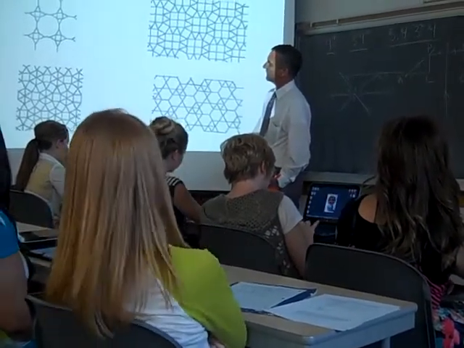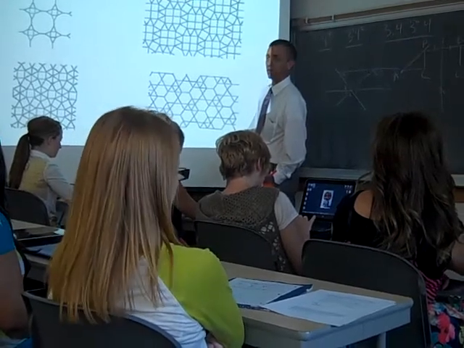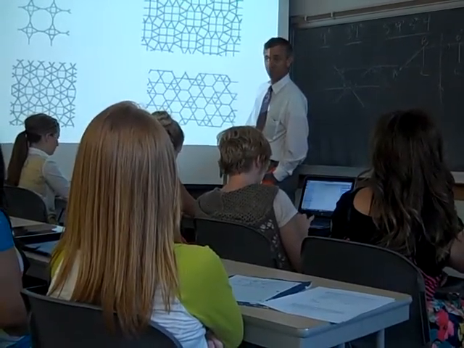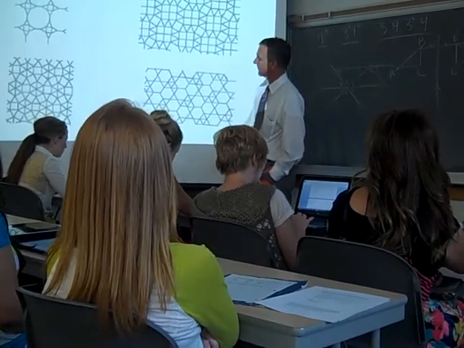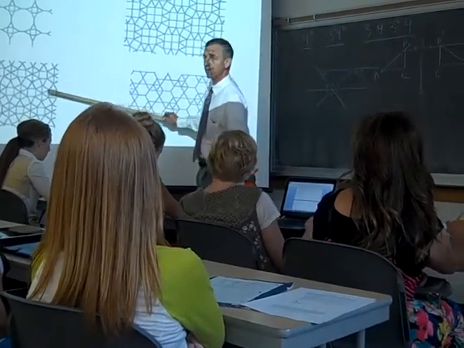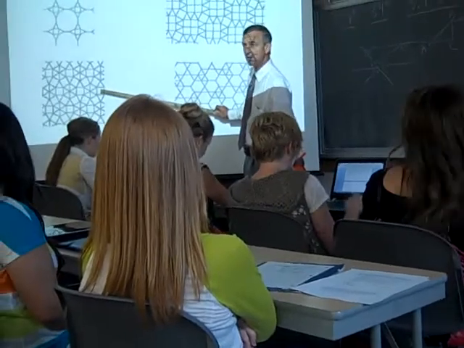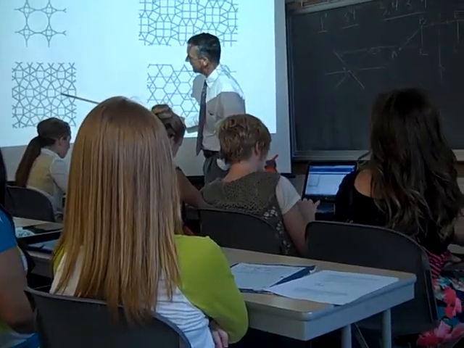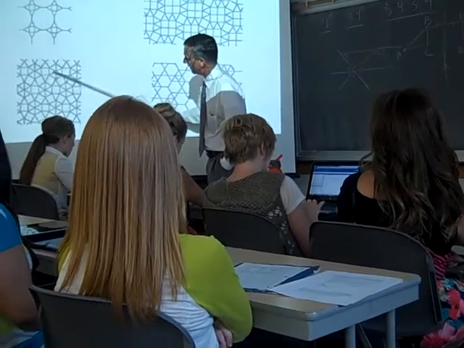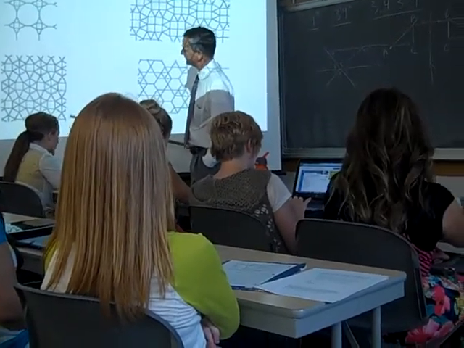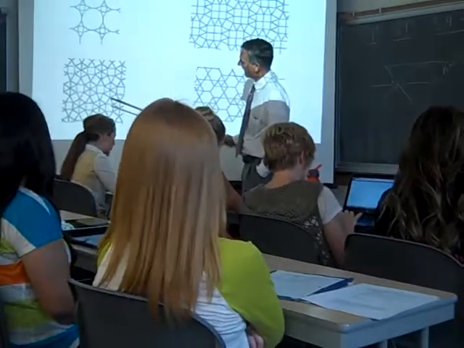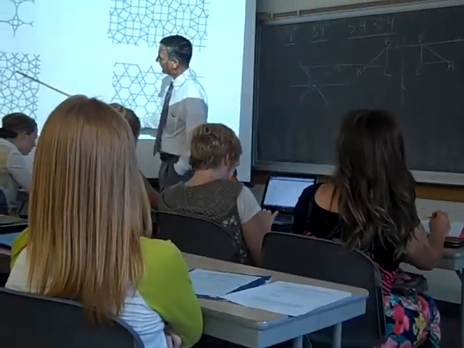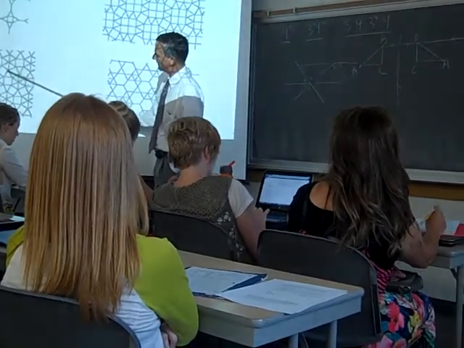These don't look too fancy, but if you colored them with certain patterns, they'd look way cool, right? How about here? Somebody want to give me a designation they found? 3 to the 6th, right here, and there, and there. What else? 3, 4, 3, 3, 4 around there.